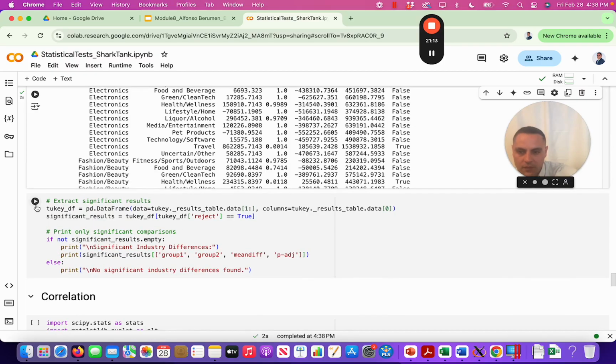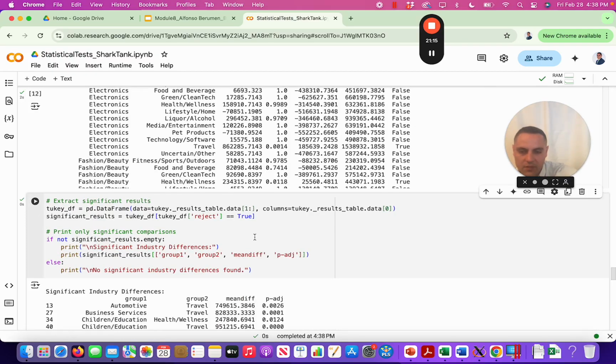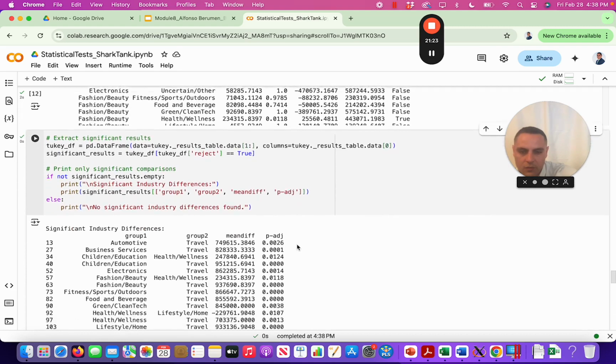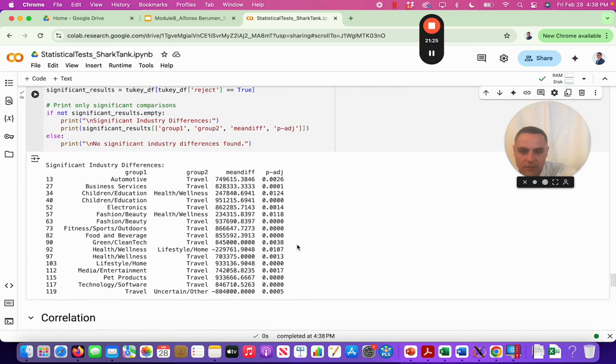So if we extract just the significant ones, we'll see that we have a clear picture on the significant industry differences, right? So automotive and travel, business services and travel, children's education, health and wellness, right?